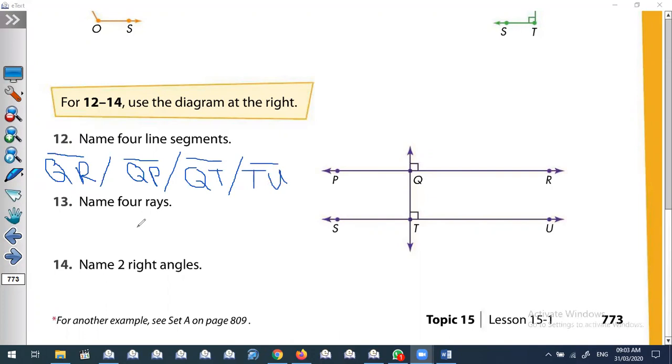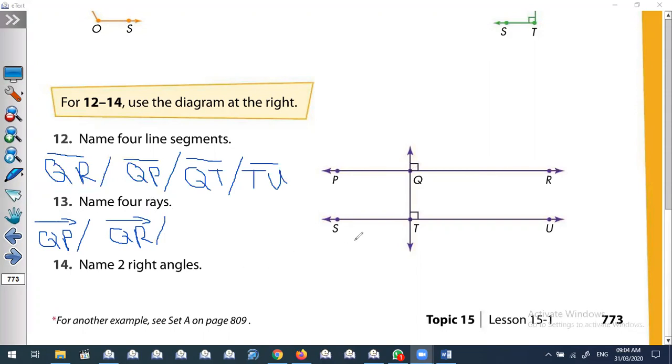Name four rays. A ray has one starting point and one arrow like that. QP, but you have to write the ray symbol on top. And Q is also a starting point here with one arrow here, so QR is a ray.